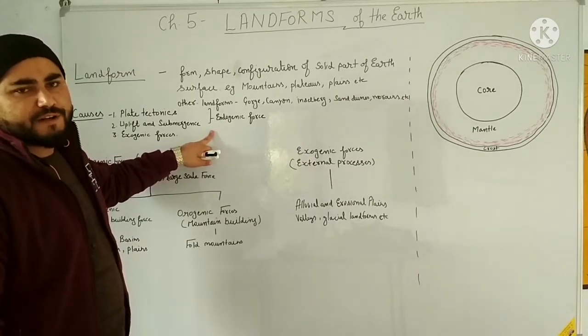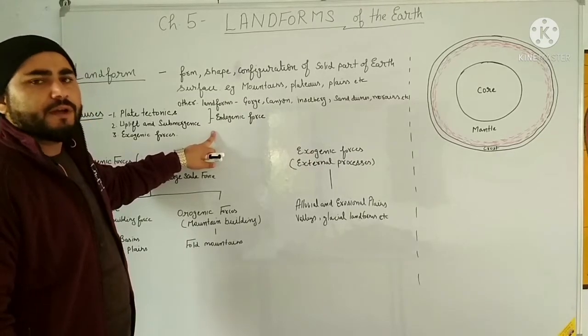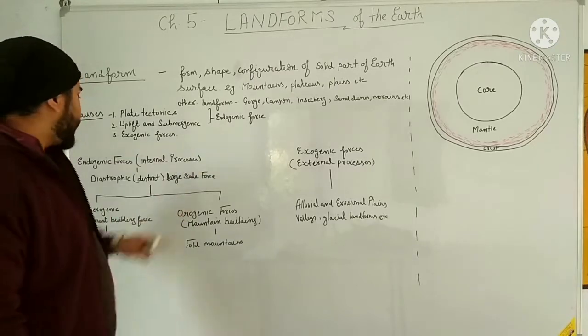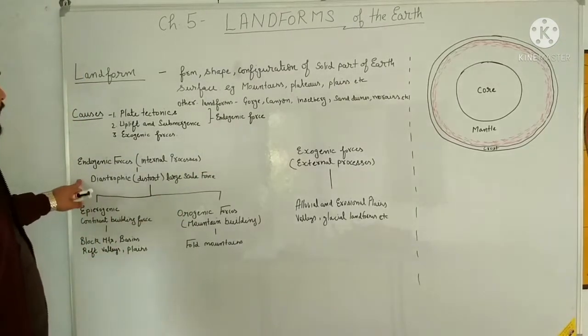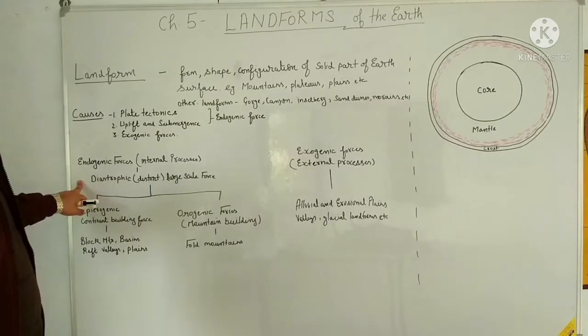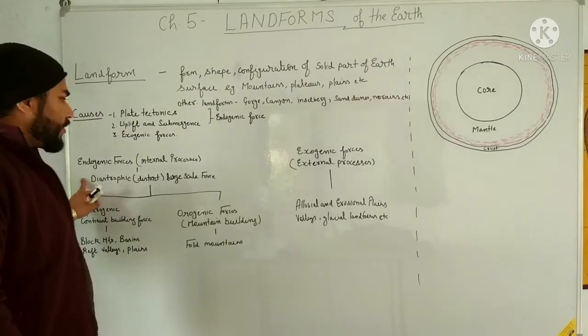The forces which are responsible for making landforms on the surface of the earth can be categorized into 2 types: endogenic and exogenic. Endogenic forces are the forces which are generated inside the earth, the internal forces of the earth.